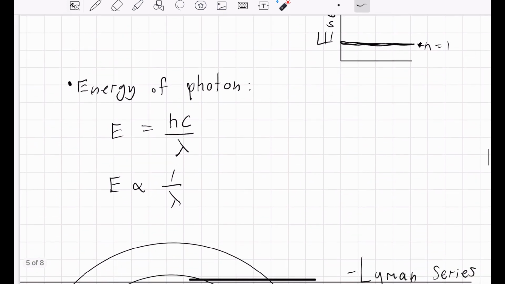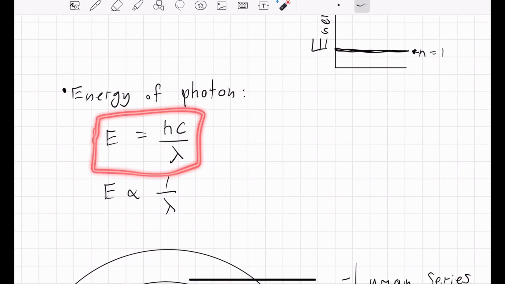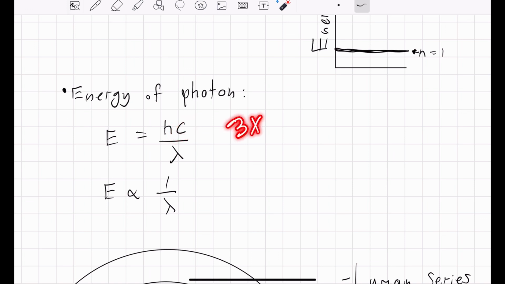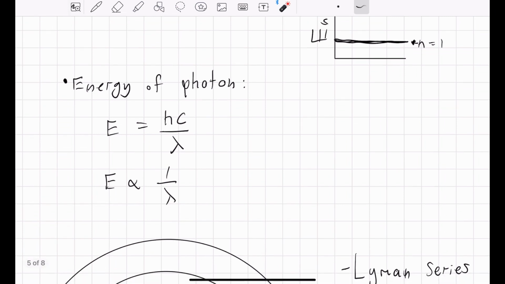And so here's the formula you need to know, or rather understand, and that's E equals hc over lambda. This is Planck's constant, as we covered earlier, and c is 3 times 10 to the 8 meters per second, and this term here in the denominator is the wavelength of the photon. So you don't really need to memorize or do any calculations with this formula.